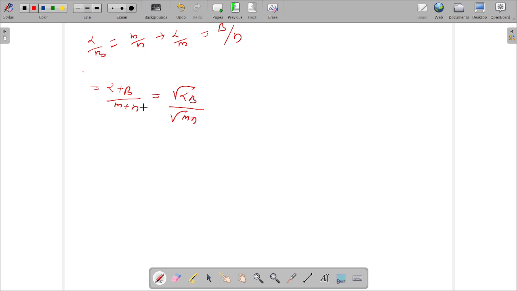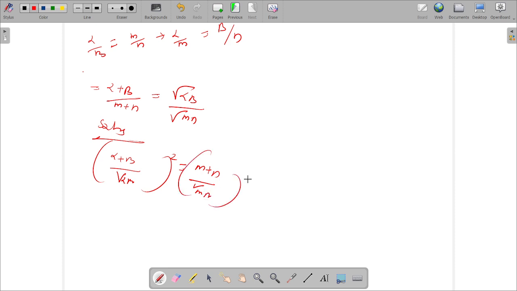Now if you square on both sides, it can be written as alpha plus beta by root over alpha beta, whole square, equals m plus n by root mn, whole square.